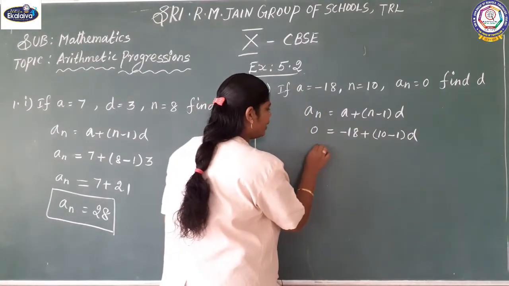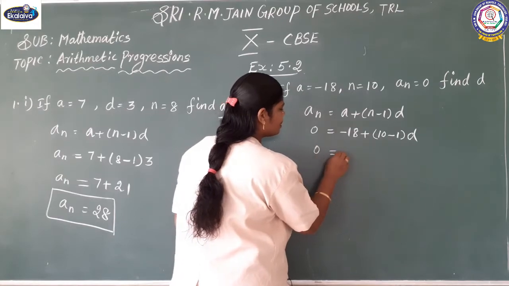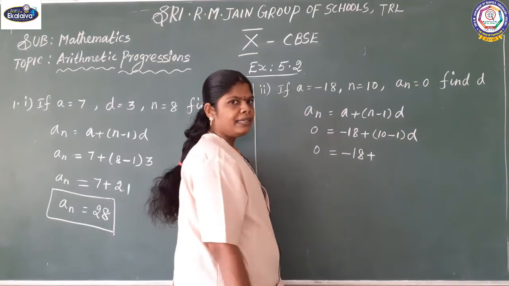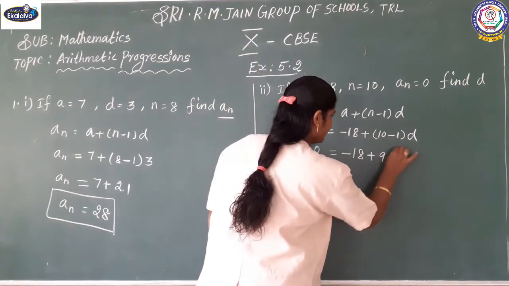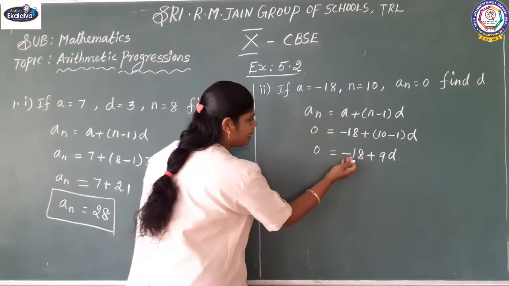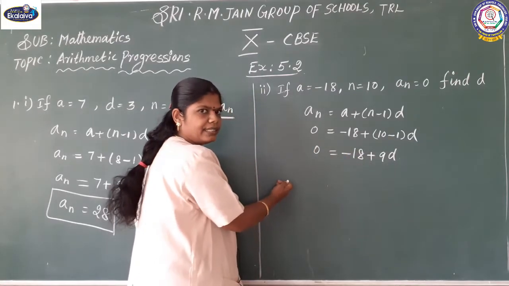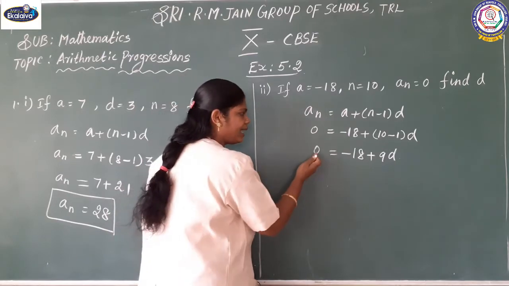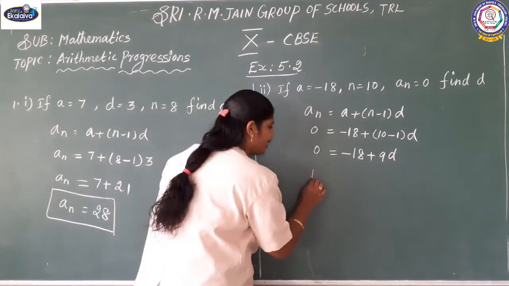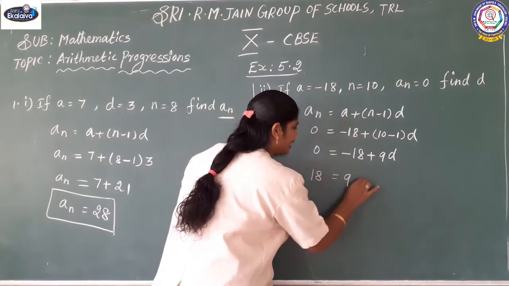So 0 equal to minus 18 plus 10 minus 1, 9, so 9d. Just transfer this number. Minus 18 will change to the other side, plus 18. 0 plus 18, what will you get, children? 18 only. So 18 equal to 9d.